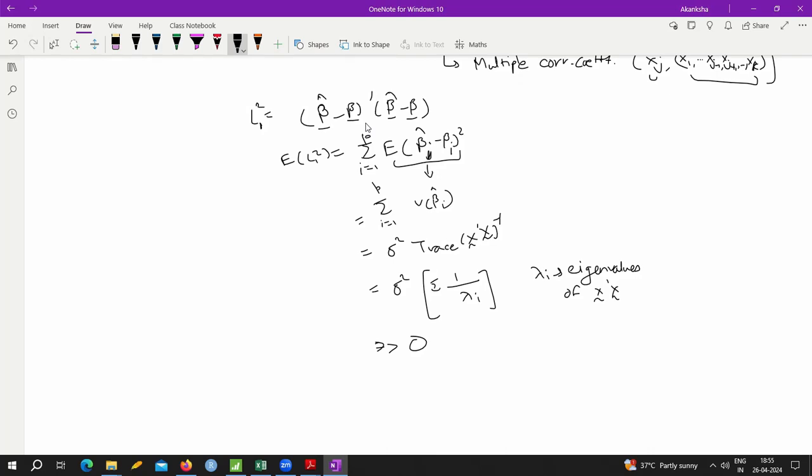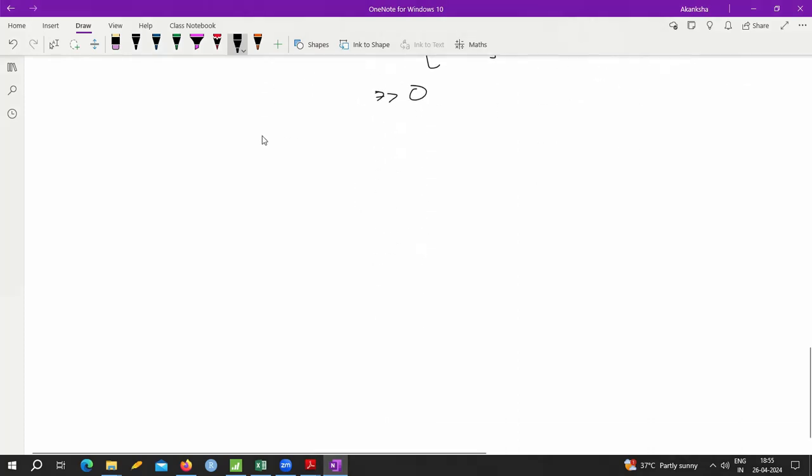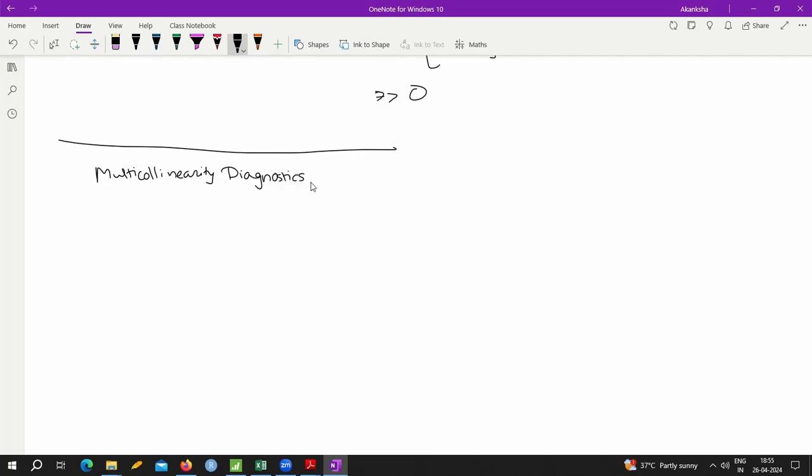So how do we detect multicollinearity? There are 2-3 methods which come under multicollinearity diagnostics. One of them, which you might have already seen in our outputs, is VIF, and the other one majorly used is condition indices. Of course, initially we can start by simply looking at the correlation matrix of regressors.